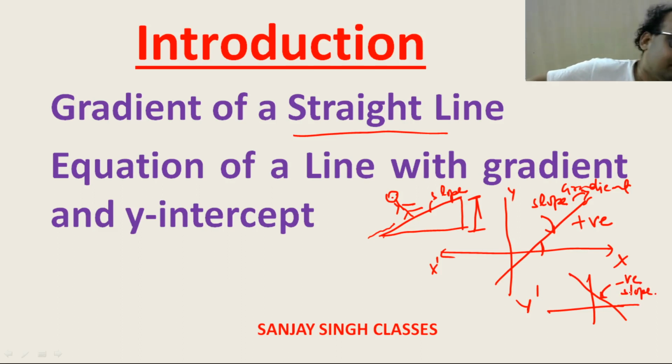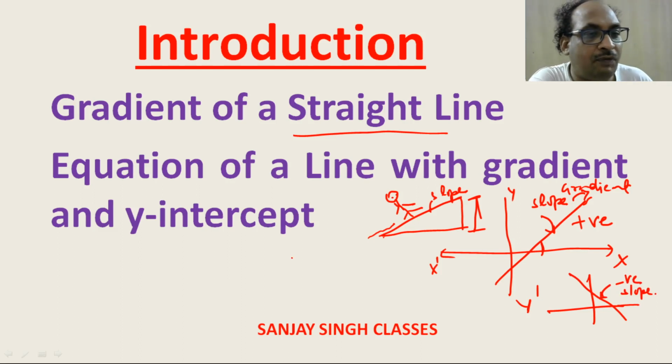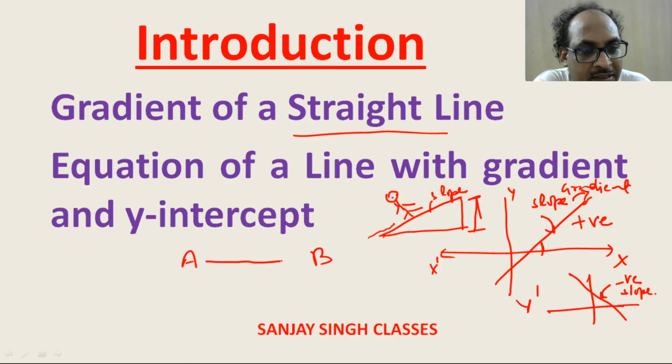Okay, and how is that gradient found? Suppose there are any 2 points, A and B, this I am giving you as an introduction, and it has the point x1 and y1. We know that in coordinate geometry there are always two coordinates, one is the x coordinate, another is the y coordinate. Suppose this point A is represented with two coordinates x1 and y1.